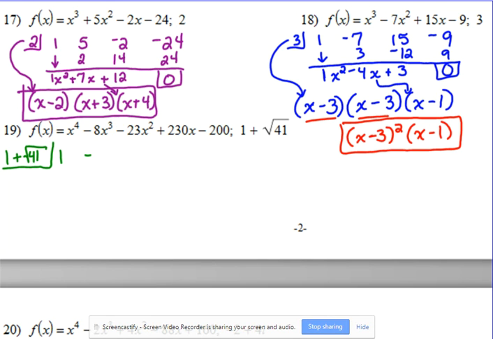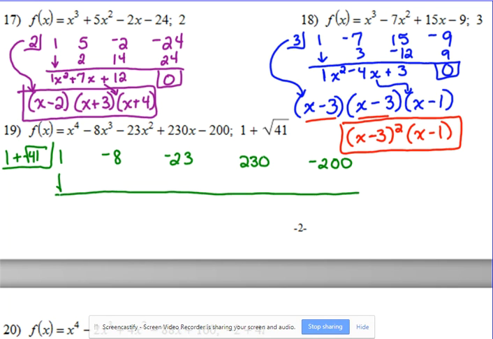So our coefficients, we've got 1, -8. You might want to space them out just a little bit more than usual because we're going to have to put a little bit more stuff in there. All right, let's see how this goes. So we bring down the 1.